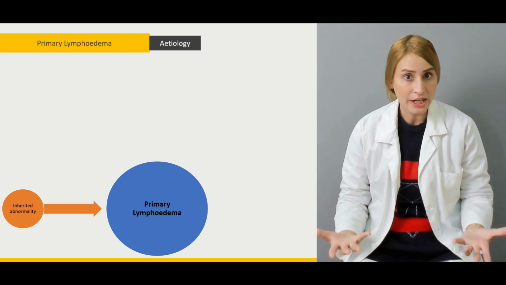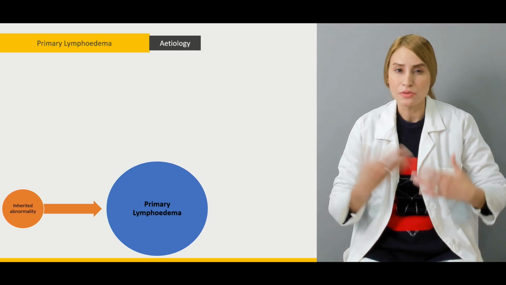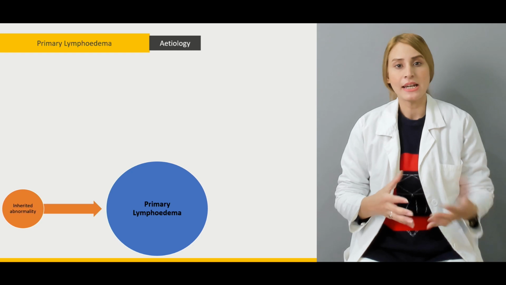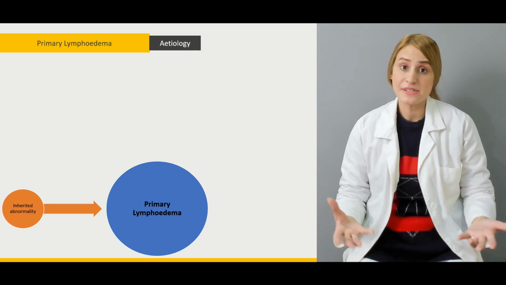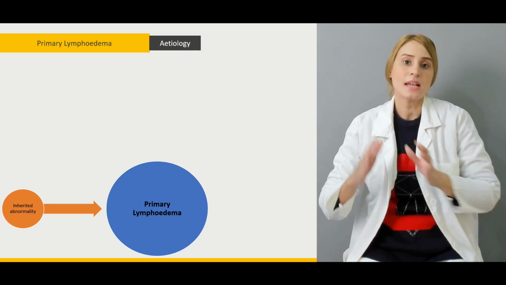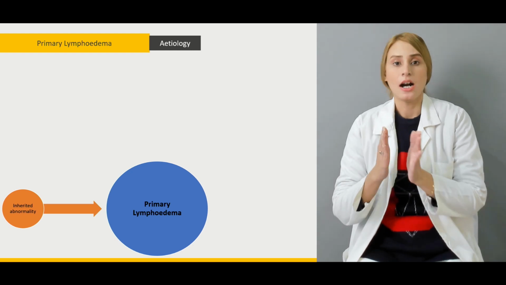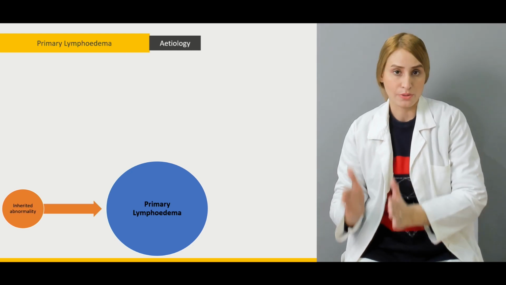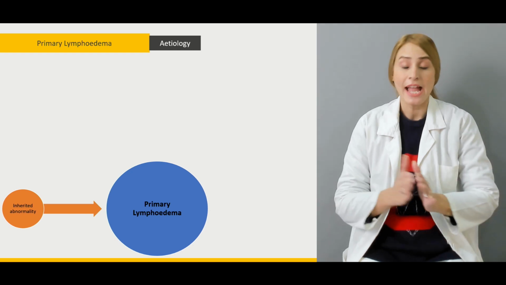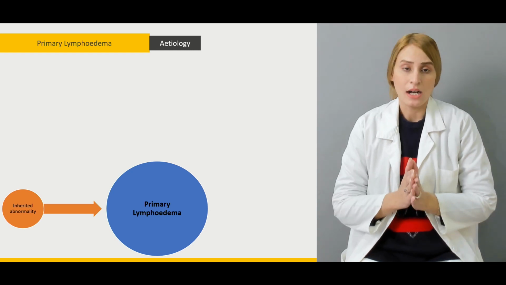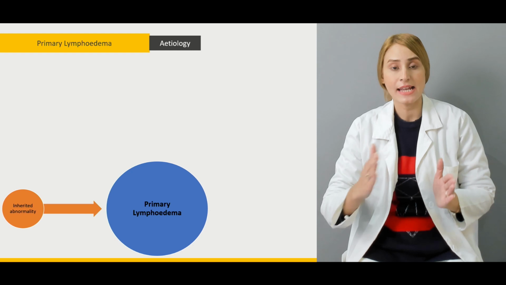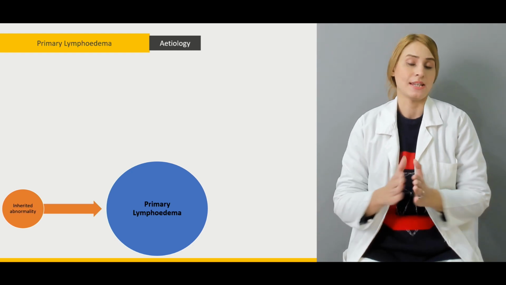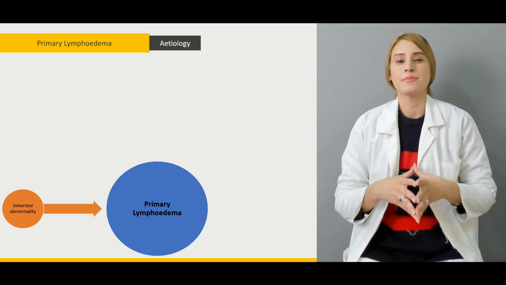It can be Milroy syndrome, or Noonan syndrome, or tuberous sclerosis, in which there is some kind of mutation in the vascular endothelial growth factors, or in the FLT receptors, which are FMS-like tyrosine kinase receptors, and there may be some kind of abnormality.